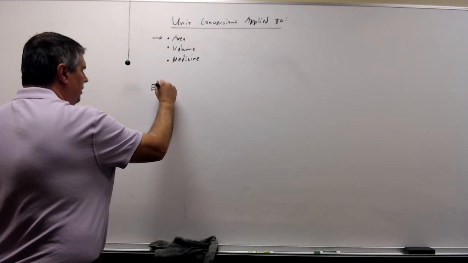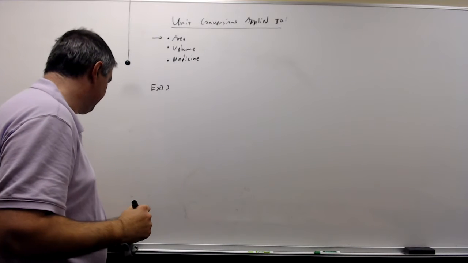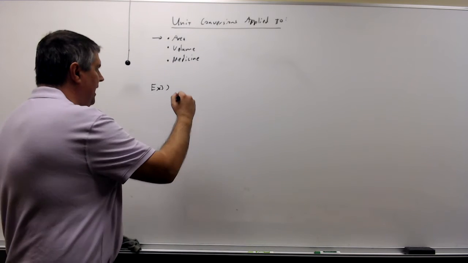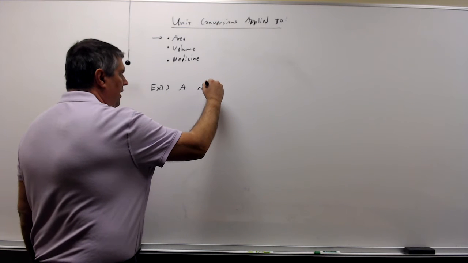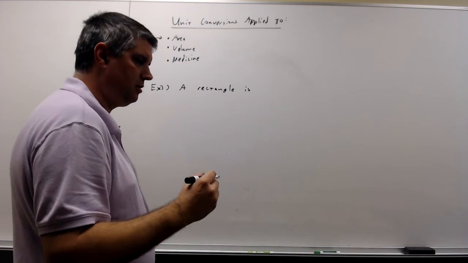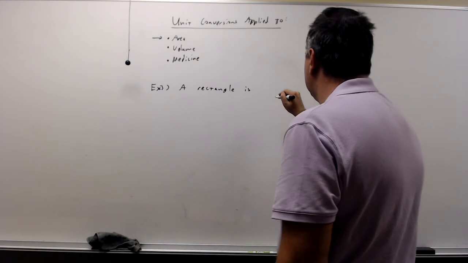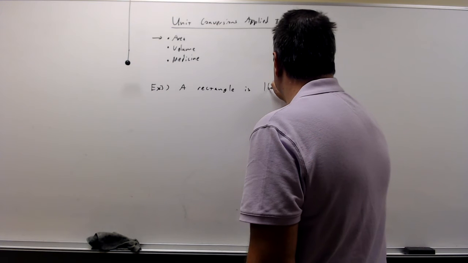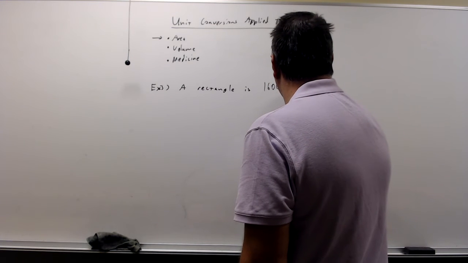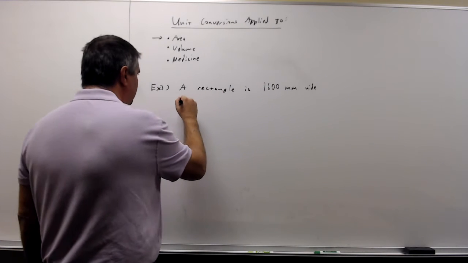Example 3. A rectangle is 1,600 millimeters wide and 2 meters long.